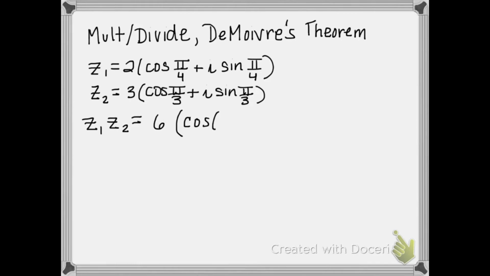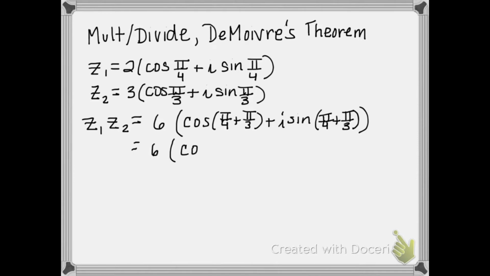So that will be cosine of pi over 4 plus pi over 3, and then of course that angle will just repeat with the sine, and we'll need a common denominator, and we'll just add those two angles that are in radians. So that's going to be 12, 4 over 12 and 3 over 12. So I have cosine 7 pi over 12, i sine 7 pi over 12, and we can probably just leave it like that.